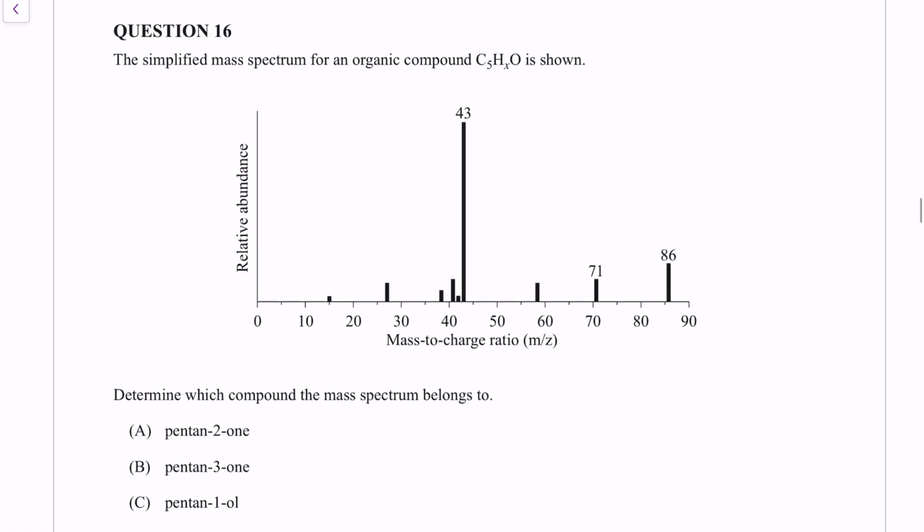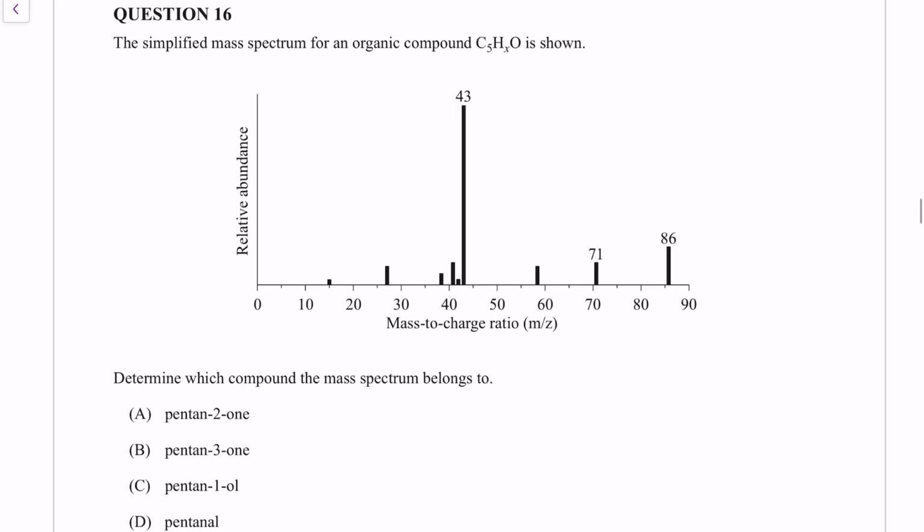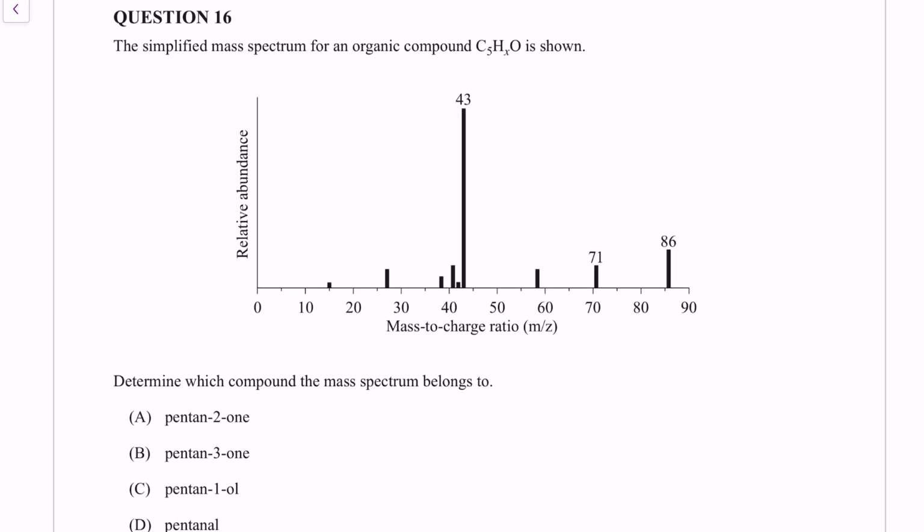Okay, so we can quickly calculate what the value for X will be in terms of the number of hydrogens, because we know that 86 right here is a key number.